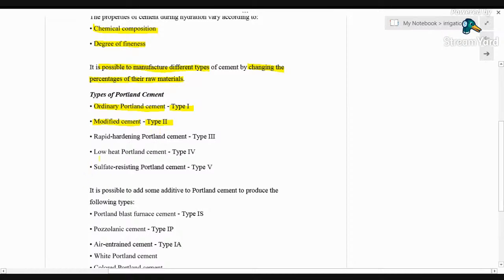The third one is rapid hardening Portland cement, which comes under type 3. Then low heat Portland cement comes under type 4. Then sulfate resisting Portland cement comes under type 5.